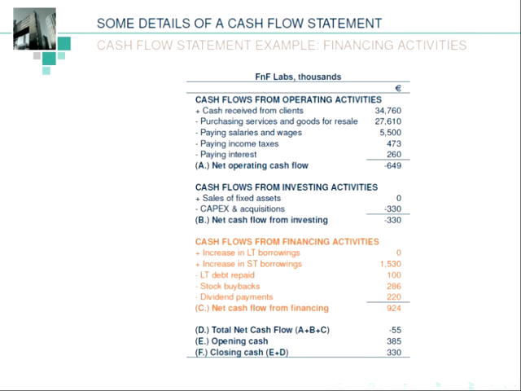Now that we have discussed all the three categories, we can sum up the three subtotals. That is, in this particular cash flow statement, the first subtotal, which is A in parentheses, the net operating cash flow, plus B, the net cash flow from investing, plus C, the net cash flow from financing, that yields us the total net cash flow.